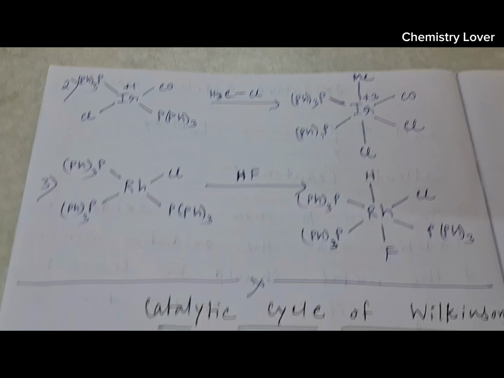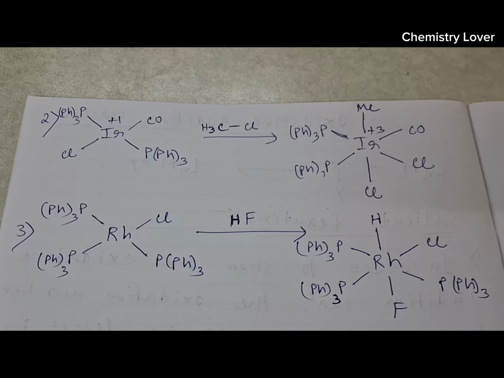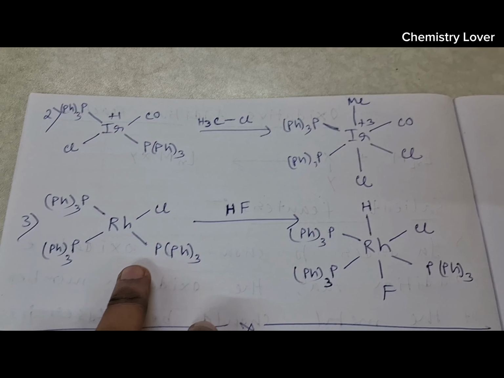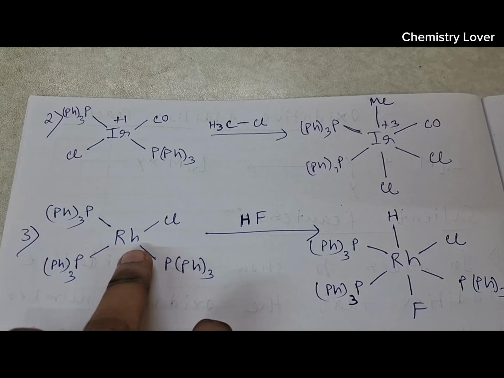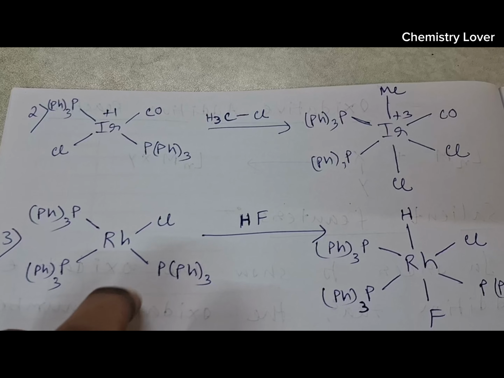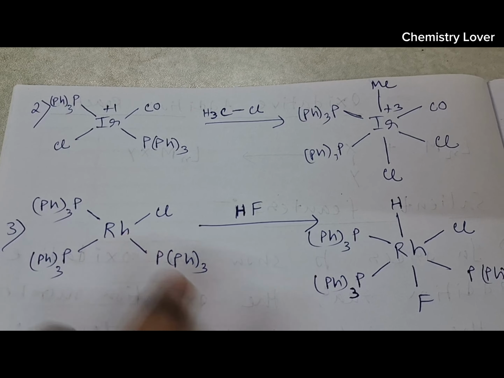Again another example you can see here. This is Wilkinson catalyst. You should know this compound. Wilkinson catalyst, rhodium, 3 triphenyl phosphine connected with it, and 1 Cl minus.